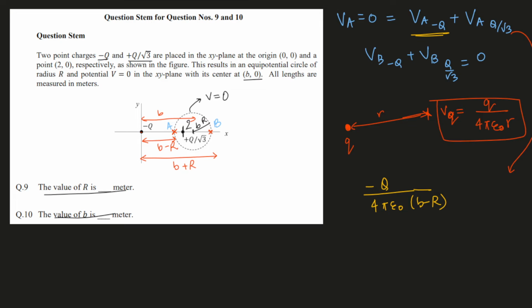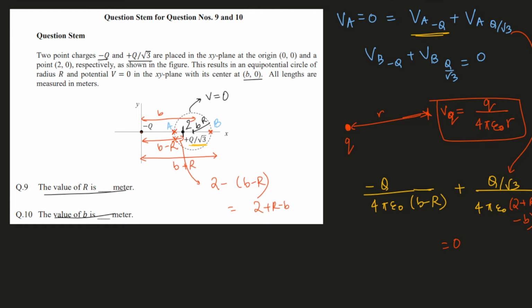Now we write the potential due to the charge q by square root of 3: q by square root of 3 divided by 4 pi epsilon naught, and the distance here is 2 minus (b minus r), which is equal to 2 plus r minus b. And this is equal to 0.